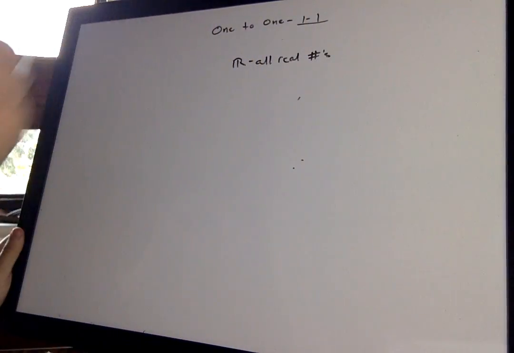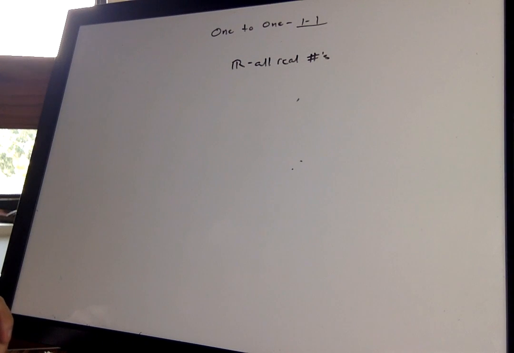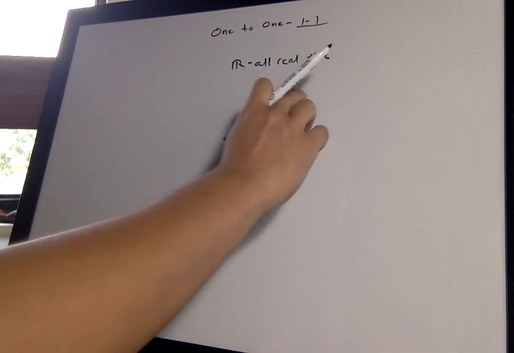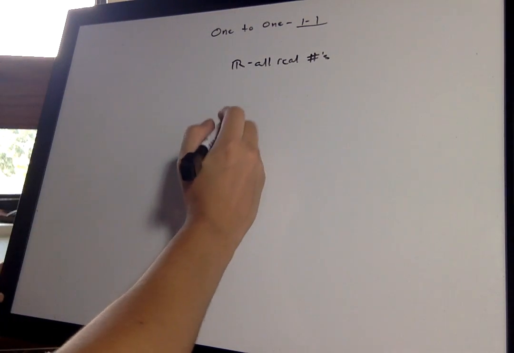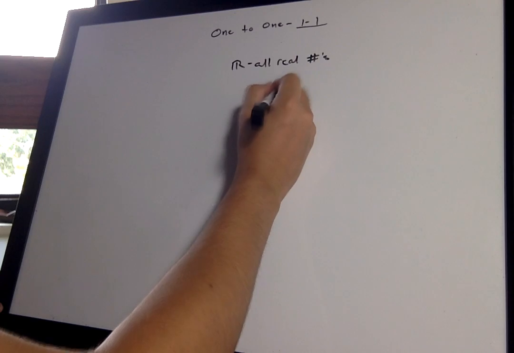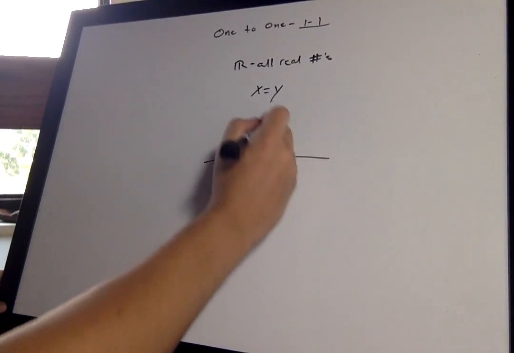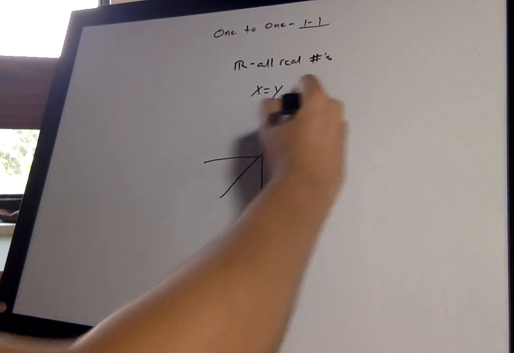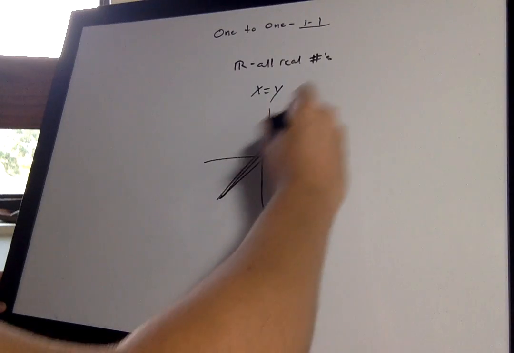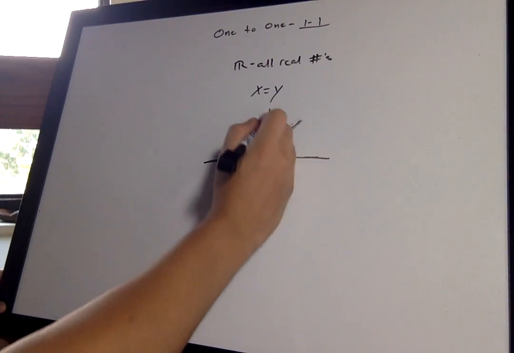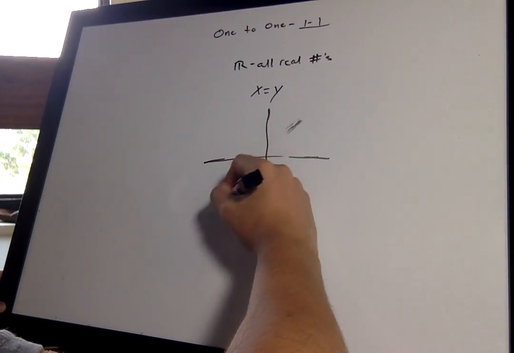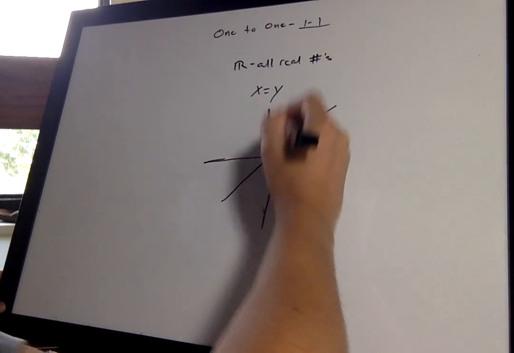Now I'm going to give you an example of a graph that does pass both horizontal and vertical line tests and is one-to-one. So I'm just going to give you a basic x equals y graph. It crosses at the 0 here.